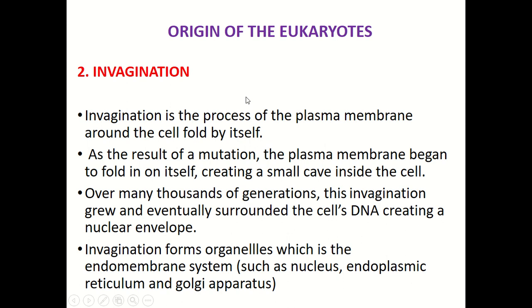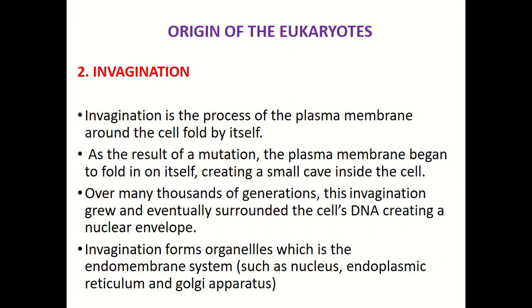For invagination, the second theory, it is the process where the plasma membrane of the cell folds in on itself, forming other endomembrane systems inside the cell. As the result of a mutation, the plasma membrane begins to fold in on itself, creating a small cave inside the cell.